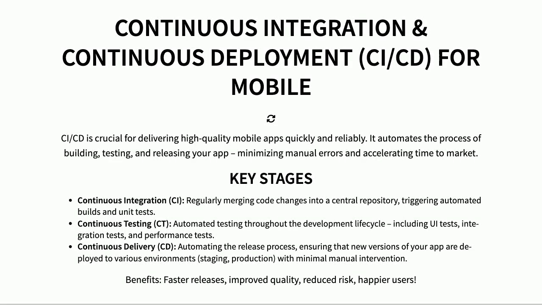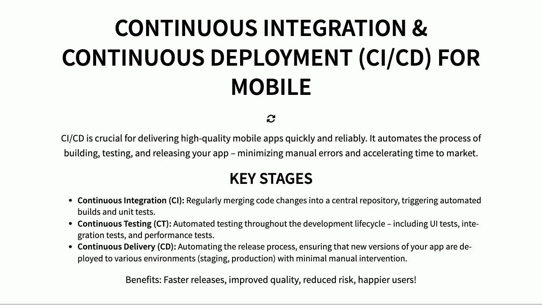Okay, let's talk about CI/CD in the context of mobile development. It's basically about automating how we build, test, and release our apps. Think of it as a streamlined pipeline. The continuous integration part ensures that all those code changes are constantly being combined and automatically built, with tests running behind the scenes to catch any problems early on.